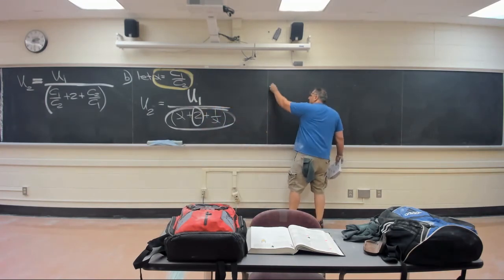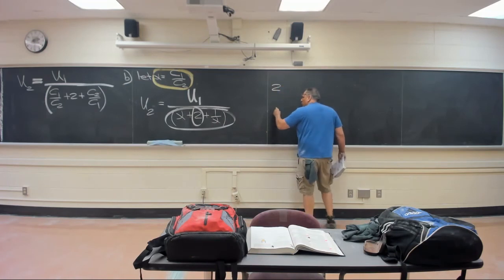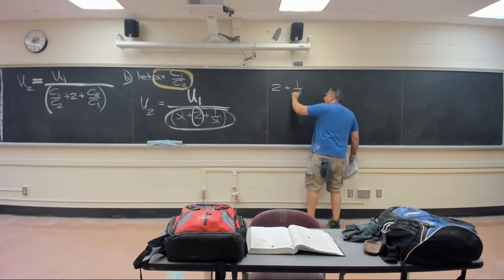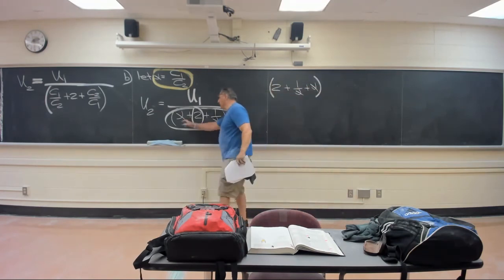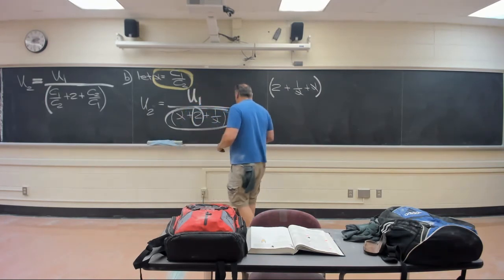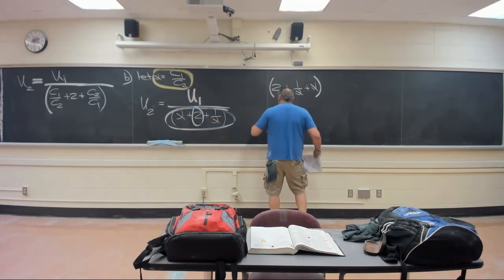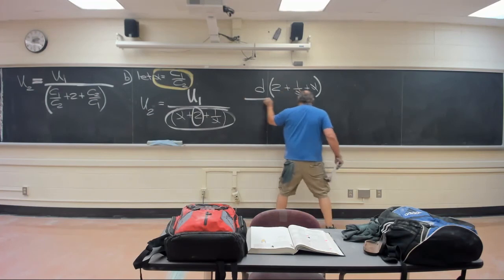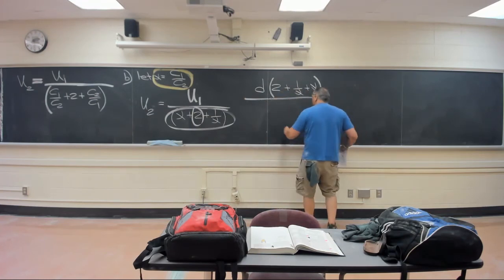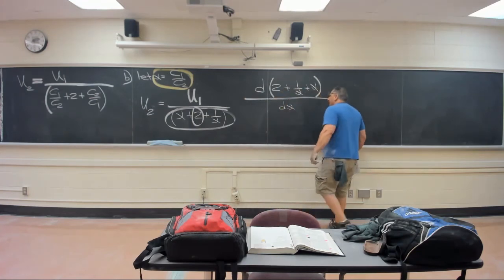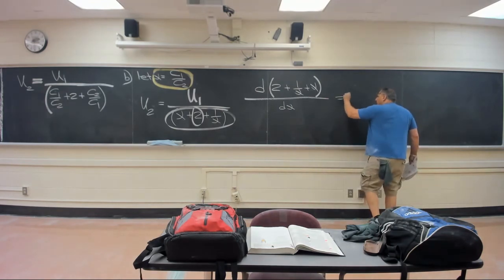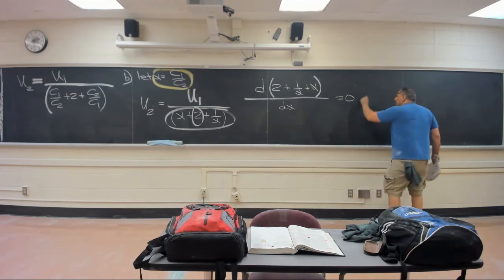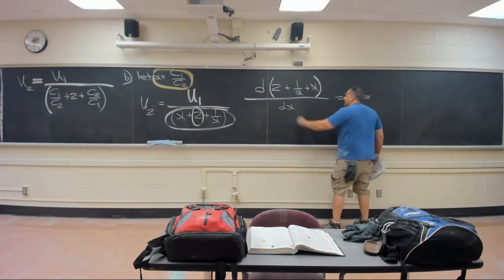It doesn't matter. Take the function 2 plus 1 over x plus x. The 2 doesn't really matter. This has got to be a minimum because 2 doesn't change either. We're not going to worry about that. I kind of did it, got rid of the 2, and it was a little easier to deal with, but that's neither here nor there. Get d/dx on that and set it equal to 0. What is d/dx of this?